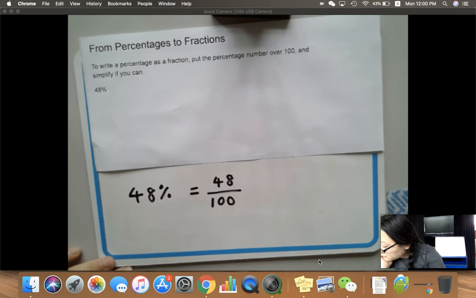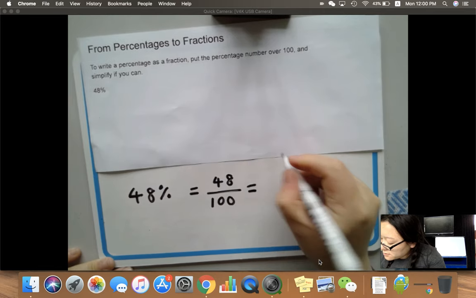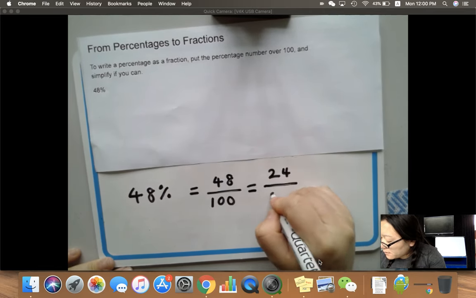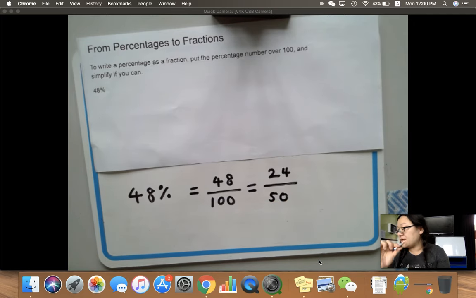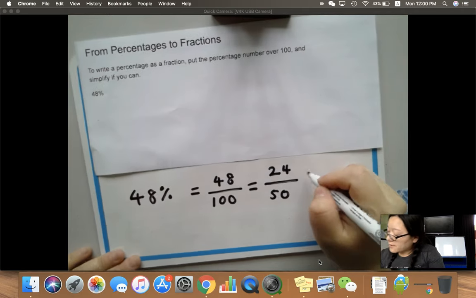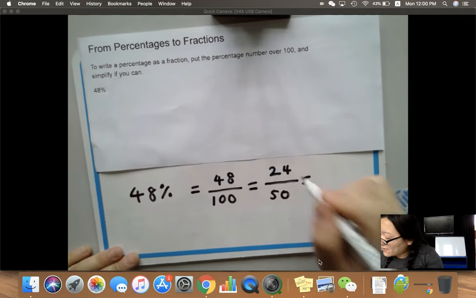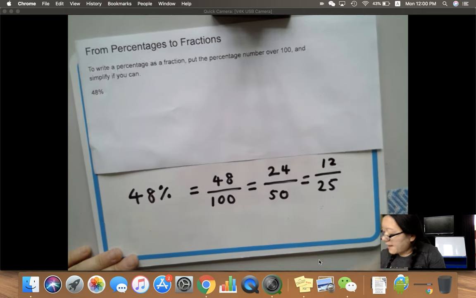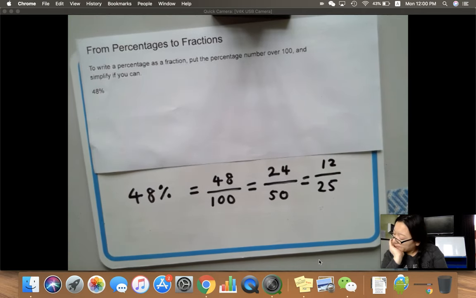Well, first of all, I'm going to divide them both by 2 because that's easy. So 24 over 50. Can I divide that anymore? Well, I know that I can divide by 2 again. So 12 over 25. Now, looking at that, I don't think I can anymore.